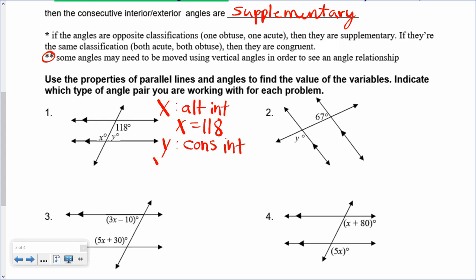So I can do Y plus 118 is equal to 180 if you want to write an equation. They add together to equal 180. That's the definition. So then what's the value of Y? There you go. See how we do that? Figure out the relationship first. Remember whether they're congruent or supplementary, and then solve.